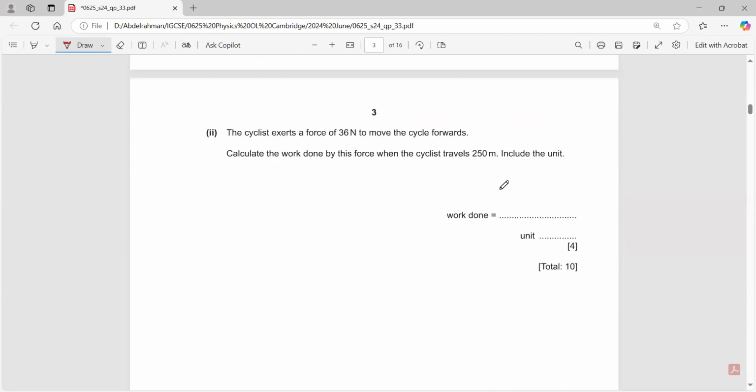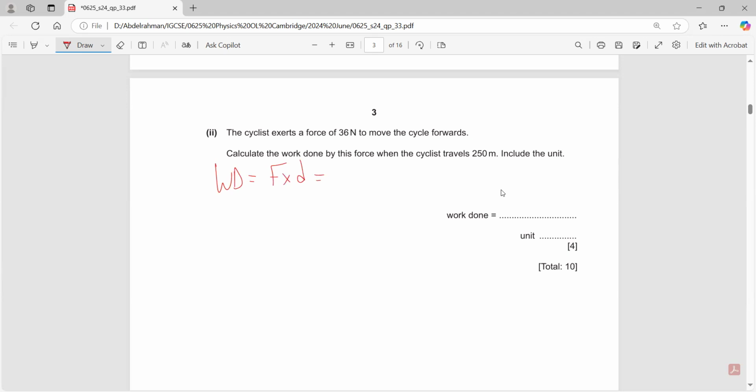That was quite easy. The cyclist exerts a force of 36 newtons to move the cycle forwards. Calculate the work done. What is the equation? Work done equals force times distance moved.